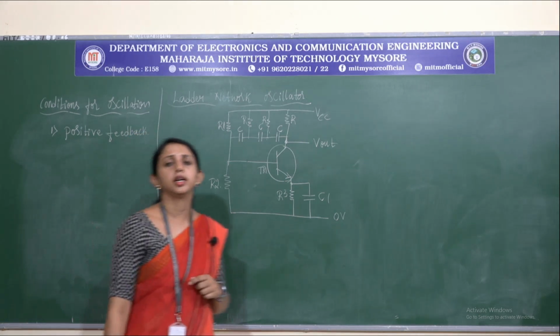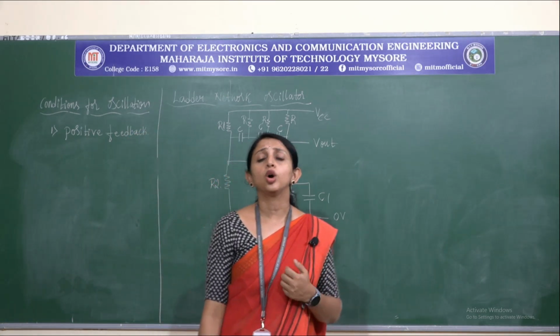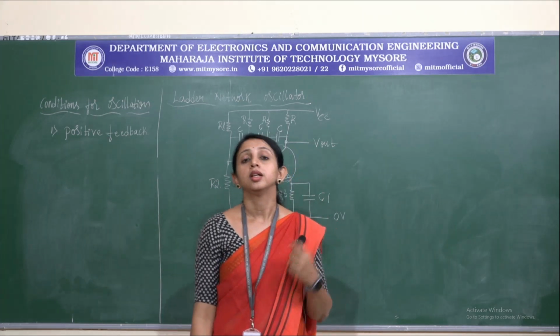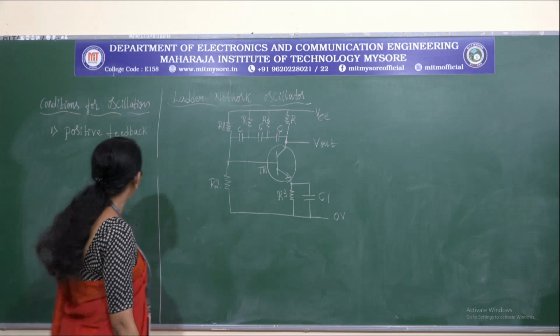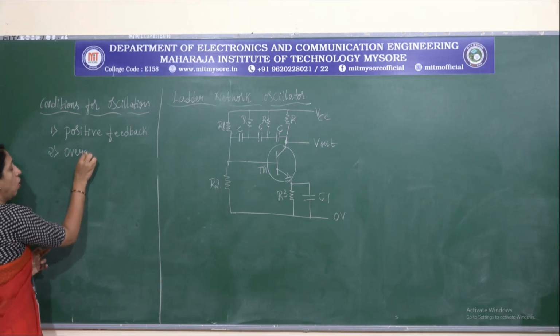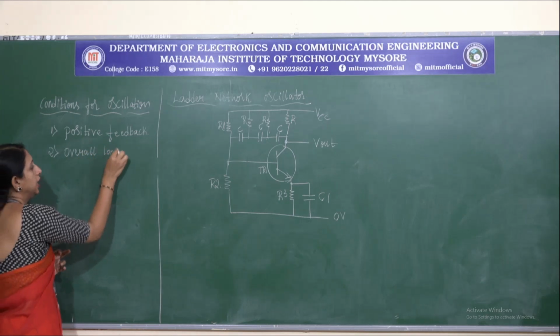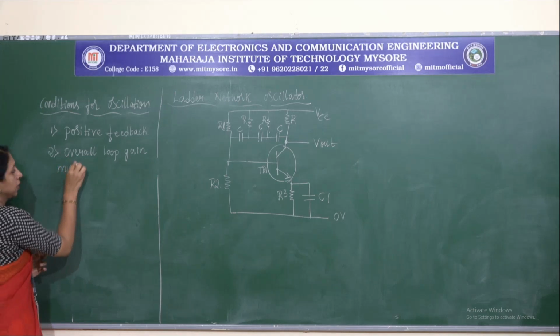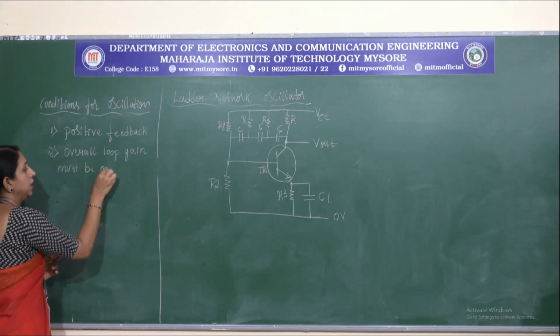And the second condition is the overall loop gain of the oscillator must be greater than 1.